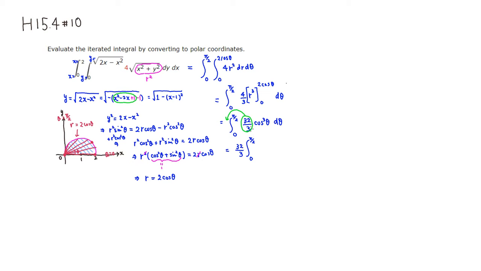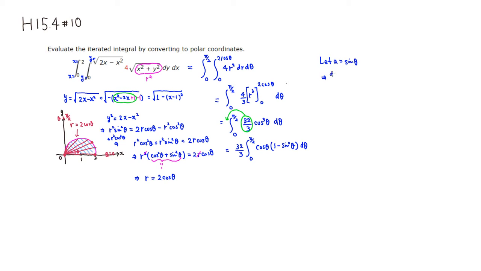So I'm going to break this cosine cubed. I'm going to put the 1 cosine out here, then you would have cosine squared. And a cosine squared can be written as 1 minus sine squared, using the trig identity with respect to theta. Here, I'm going to use a substitution. I'm going to let u be equal to sine of theta.